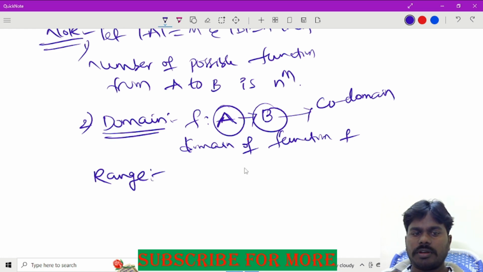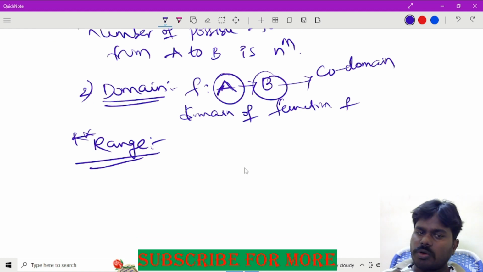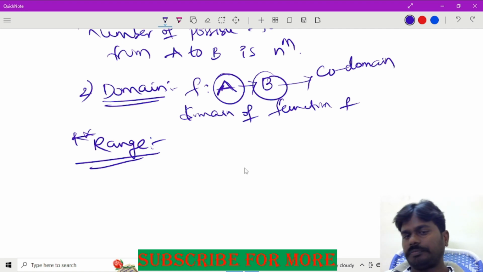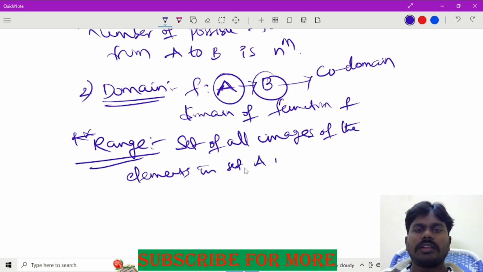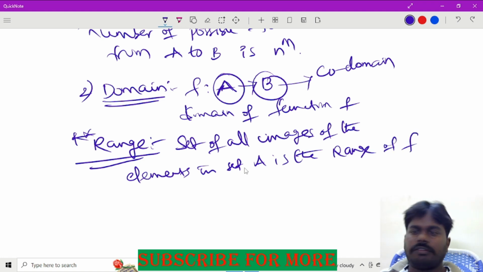Next, one more important definition. This is very important, that is range. Range is nothing but the set of all images of the elements in set A through the function f. That is the range of the function f.